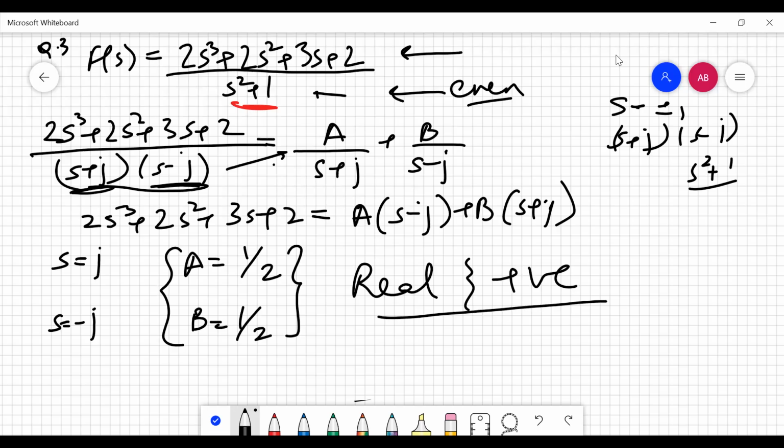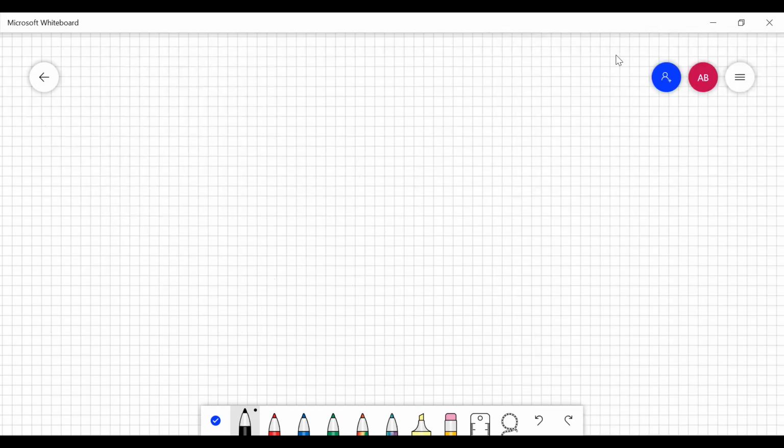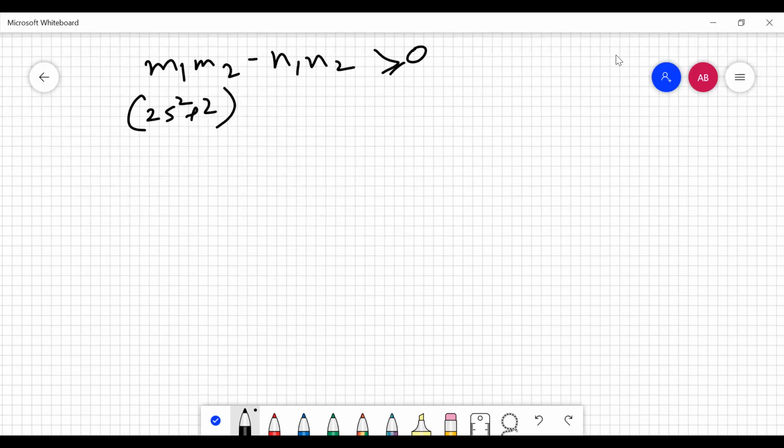Now we come on to our third part, that is to calculate m1 m2 minus n1 n2 to be greater than or equal to 0. For that we have already separated our even and odd parts, so that comes out to be 2s square plus 2 into s square plus 1, and here we have got our odd part as 2s cube plus 3s, but the odd part of the denominator is 0.